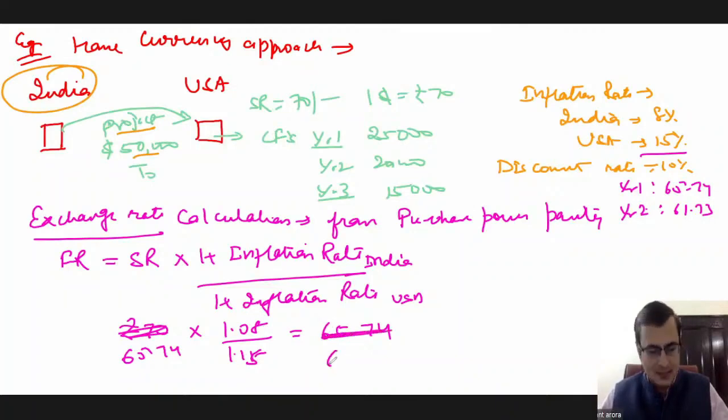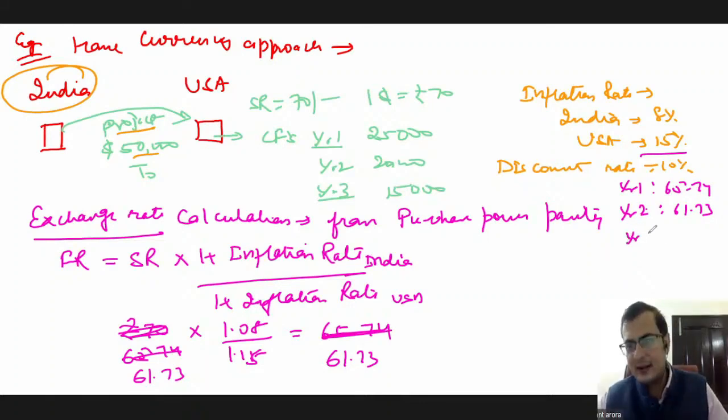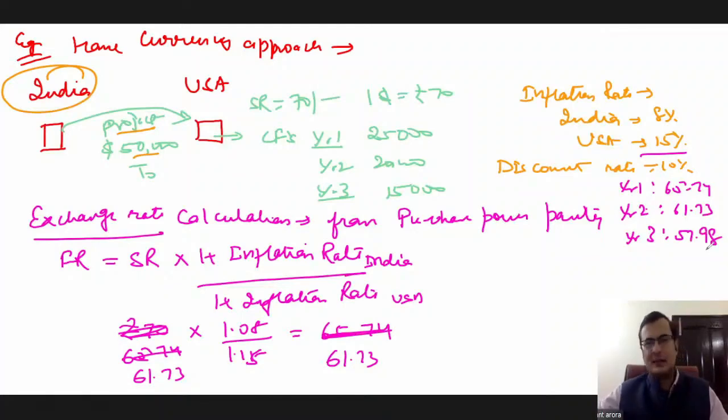This will come out to be 61.73. Now I will put 61.73 here into 1.08 divided by 1.15. So it will come out to be 57.979. So let's write that 57.98. Let's take this rate. Okay, beta. Is it clear?